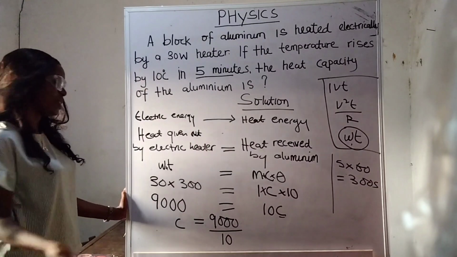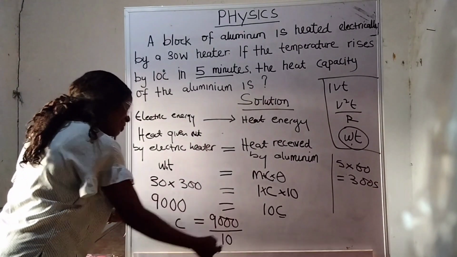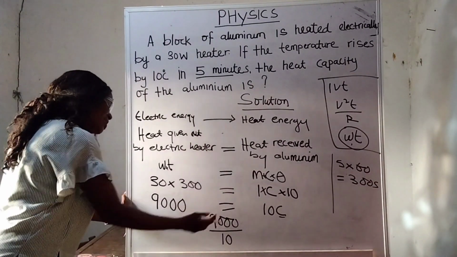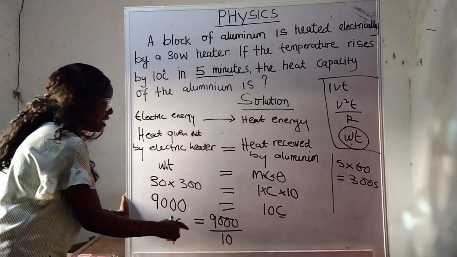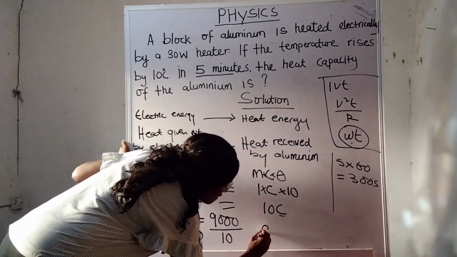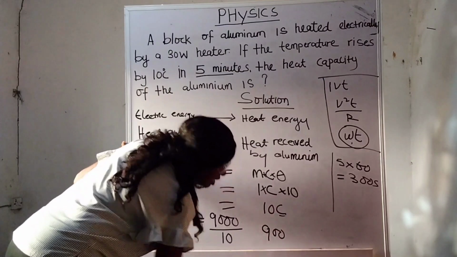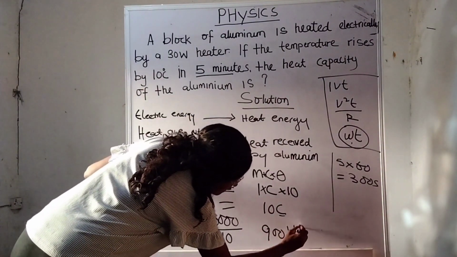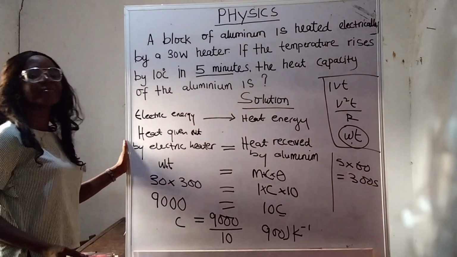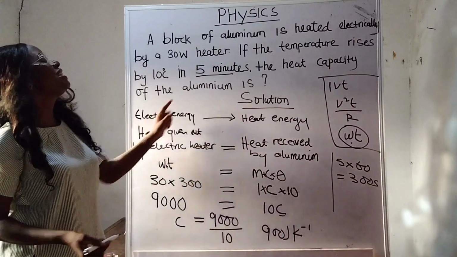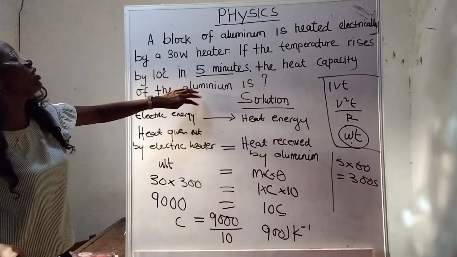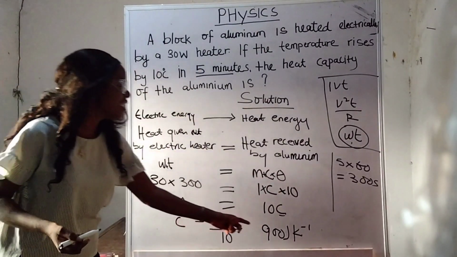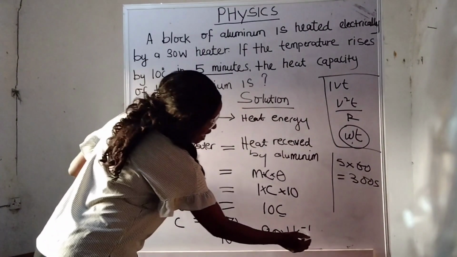And what will it give us? If you cancel this 0, cancel 1 0 here, it remains 900. So our C is equal to 900. 900 what? 900 joules. So the heat capacity of this aluminium in this question is 900.